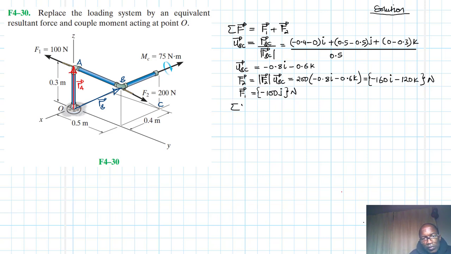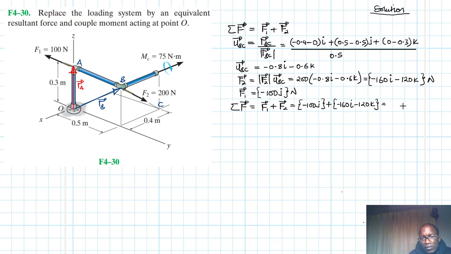So summation of vector forces, which is equal to F1 plus F2, is just equal to, summing up these forces, F1 we said is just minus 100j plus the other one, minus 160 I minus 120k.